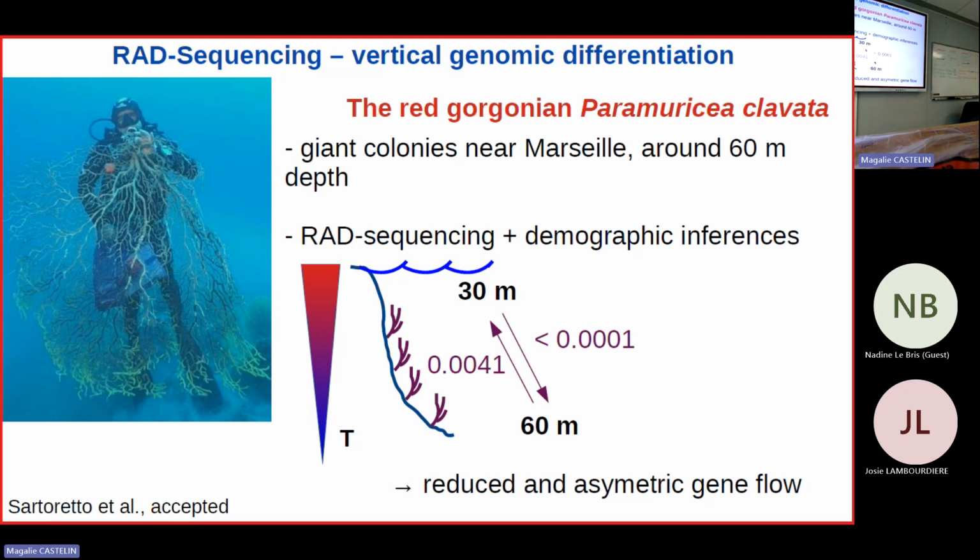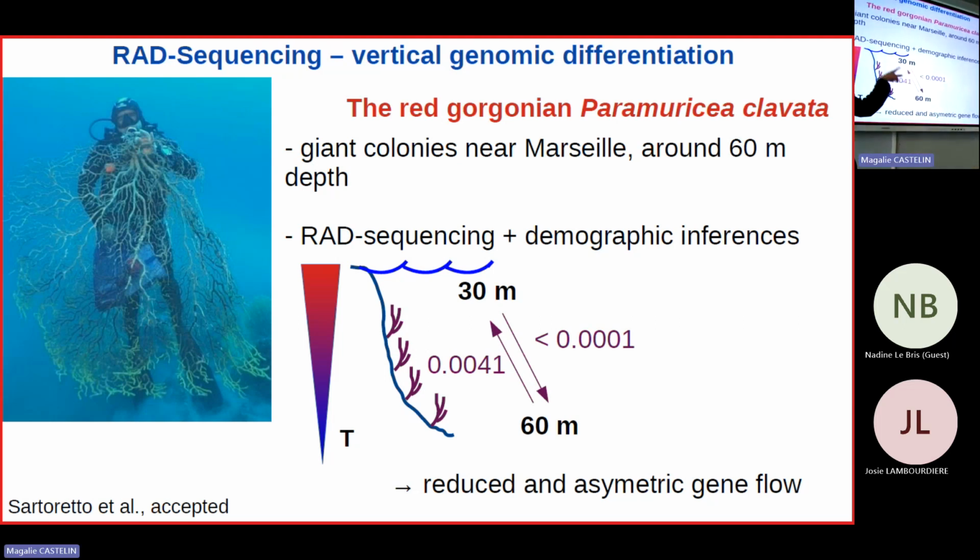And just to say that if we do this, we can try to estimate the level of gene flow. This is the proportion of genes going in one direction or in another direction at each generation. Don't pay attention to the numbers themselves, but the information is that the gene flow is very low.